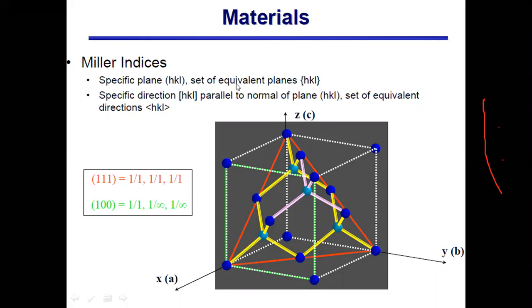A set of equivalent or similar planes is represented by braces. A specific direction is denoted by square brackets, parallel to the normal of the plane, and a set of equivalent directions, if you have too many equivalent directions, is represented by this form.